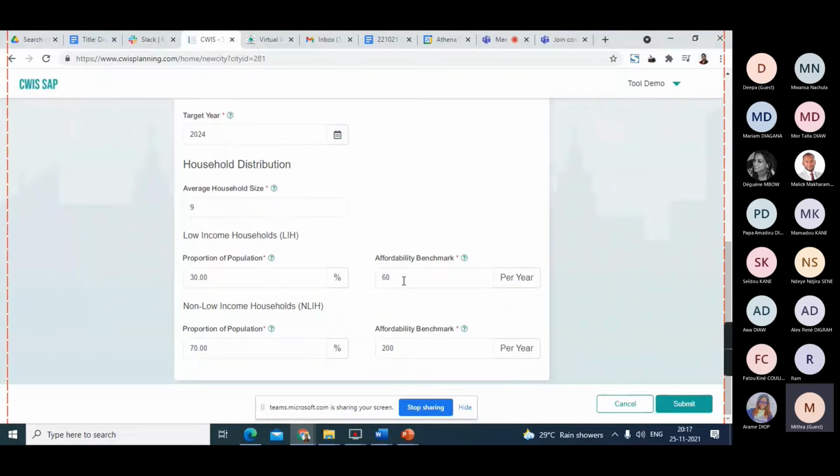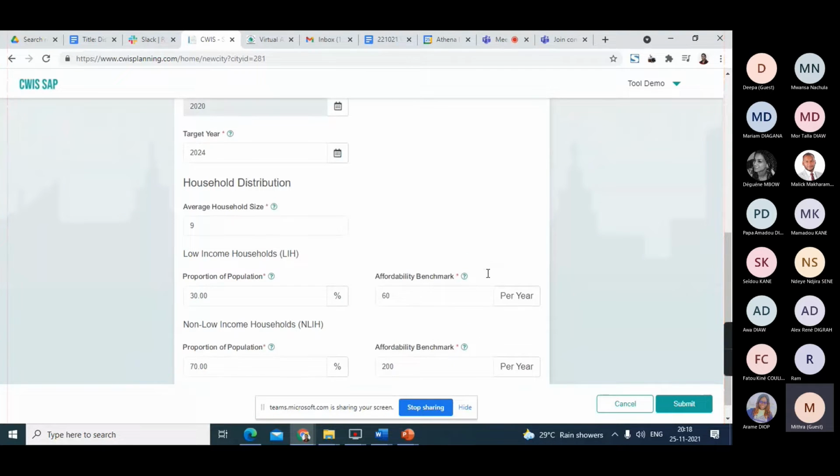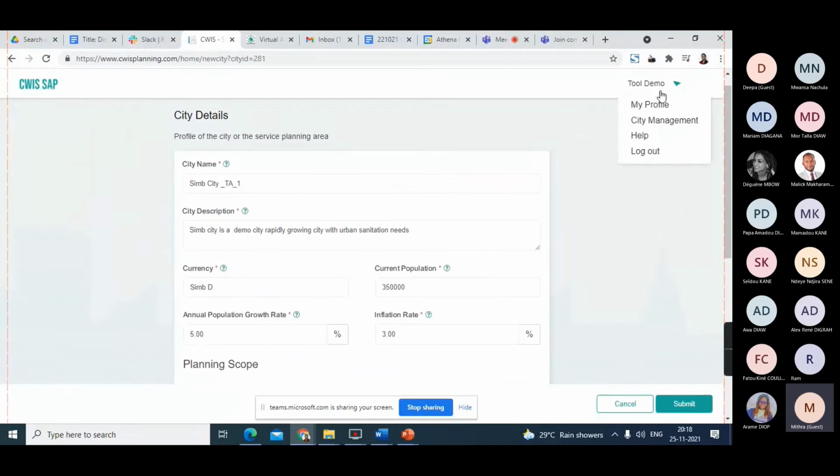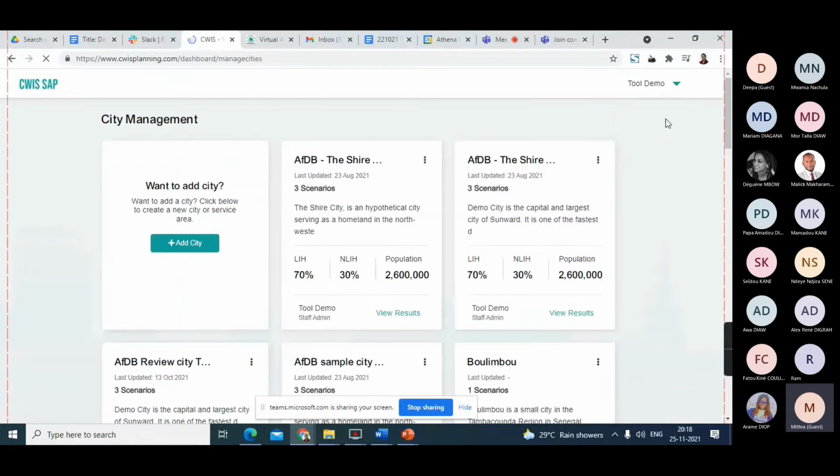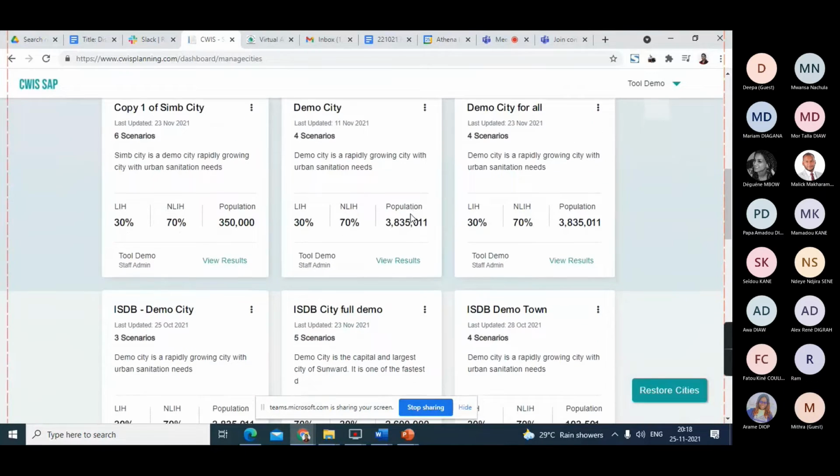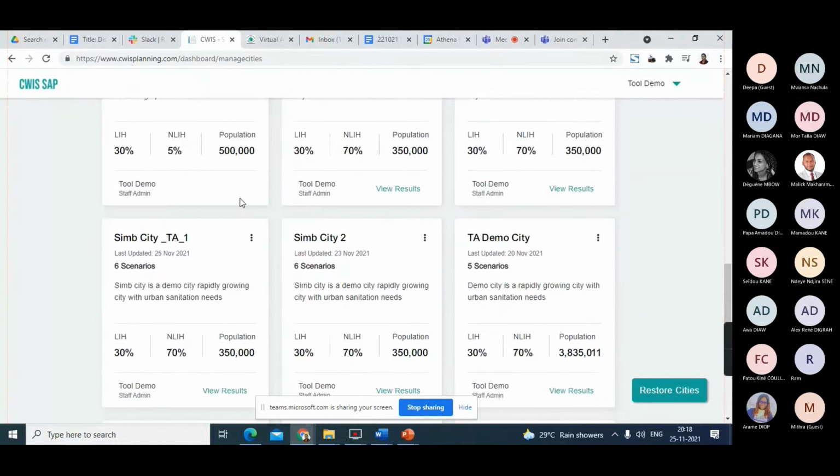And there is also an affordability benchmark, which is a median disposable income that can be spent on sanitation by these households. As of now, this is an internal reference to guide tariff changes, and it's optional. So once we fill in the city details, we are good to go, and we can go back to our city management page, and we land into the city tile.